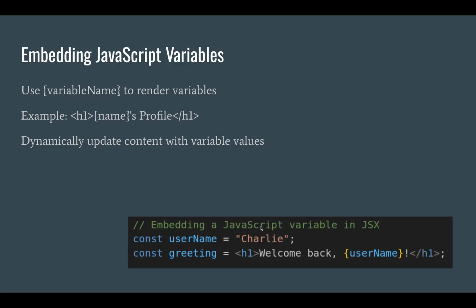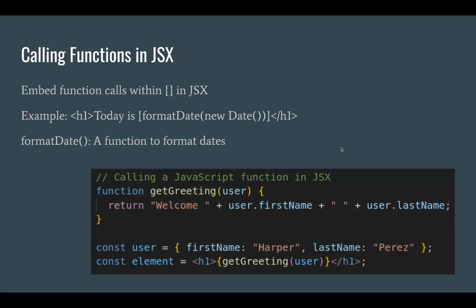So by wrapping a variable name in curly braces, JSX can evaluate it and render its value as part of the component output. So it is very simple, but also a profound way to make our UIs dynamic and responsive.